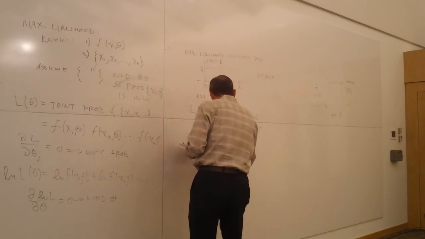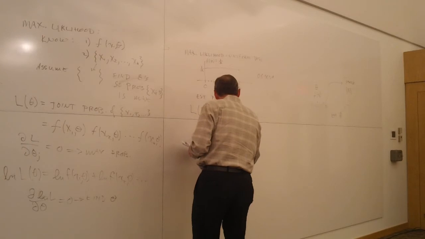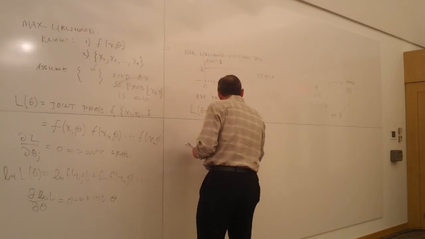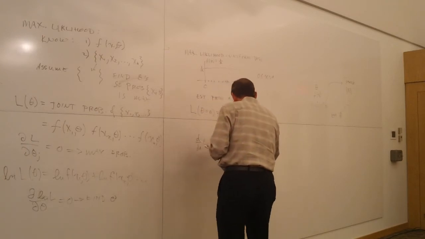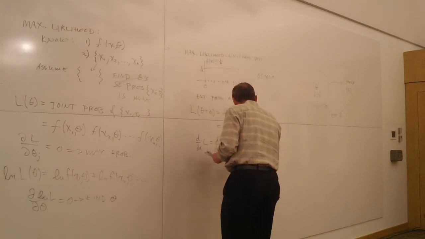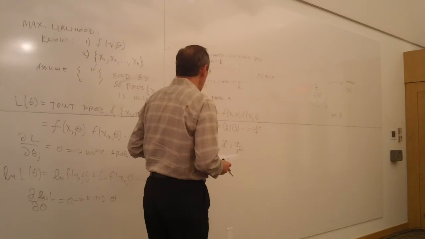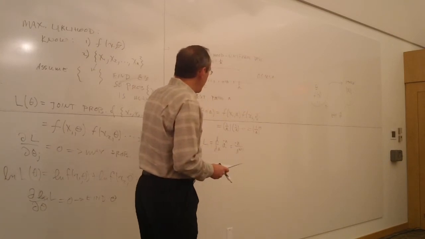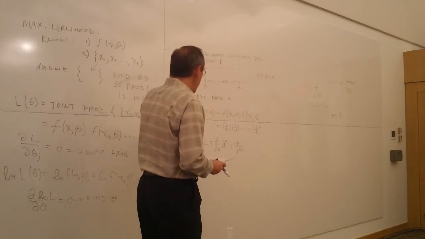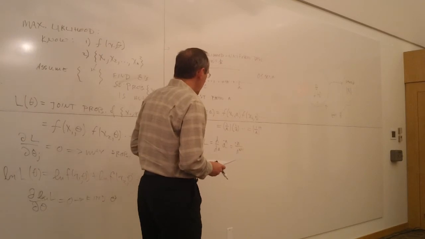So this is d by dA of a to the minus n, which is minus n over a to the n plus 1. So the derivative of this, we want to find where it's equal to 0.